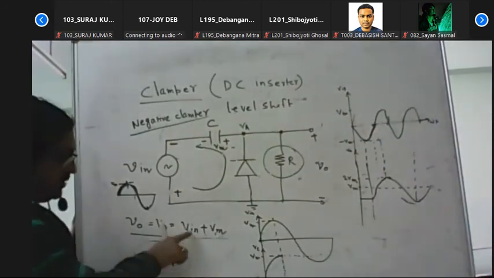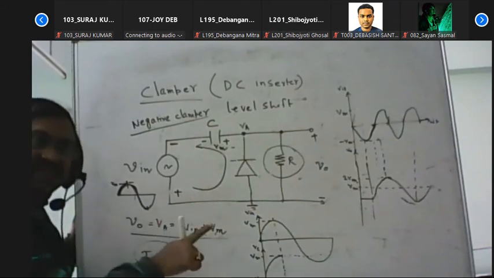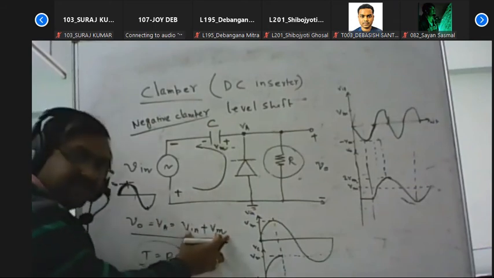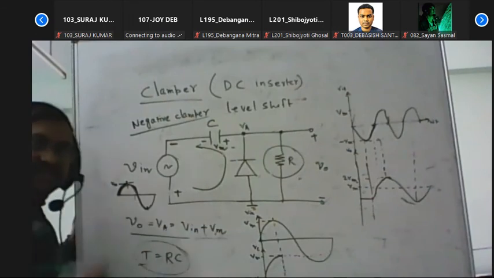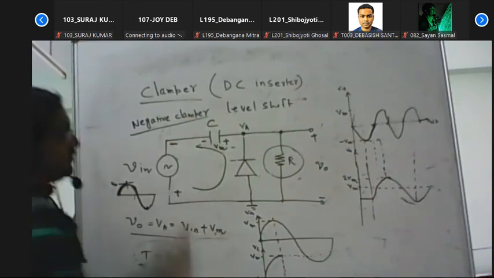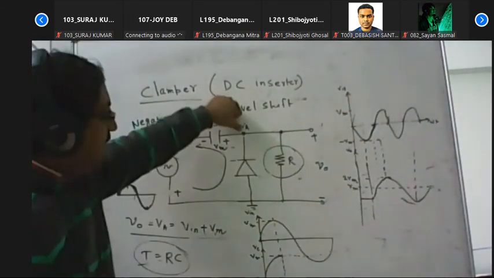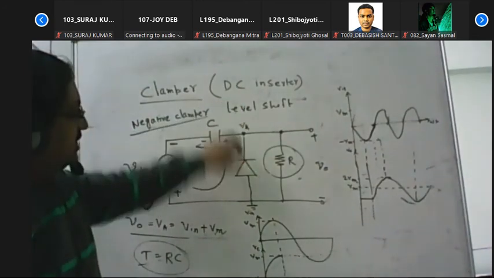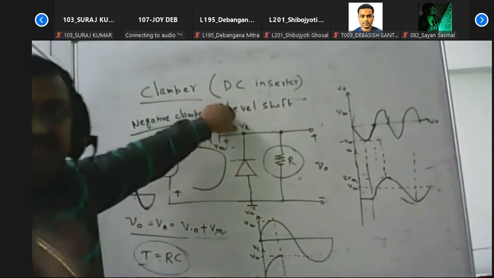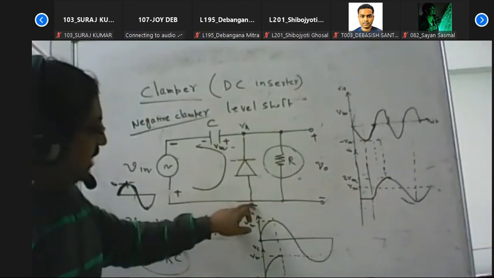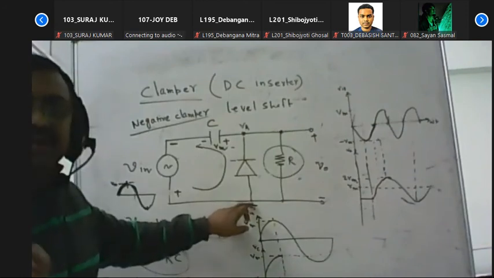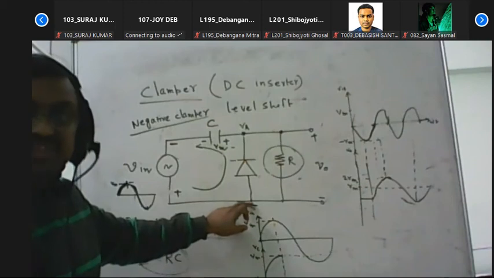So if the input signal is less than minus VM, that addition will provide some positive signal. Then the anode terminal of the diode is connected with some positive signal, while the other terminal is connected with ground, that means 0 potential.